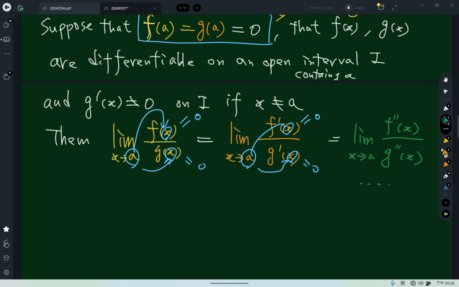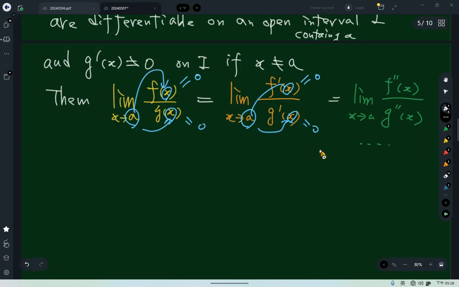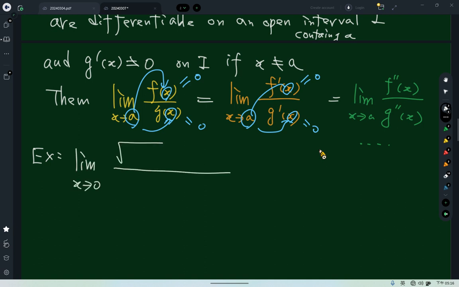I will show you an example: the limit as x approaches 0 of the square root of 1 plus x, minus 1, minus x over 2, all over x squared. In the beginning, if you encounter this, simply use 0 to replace x.